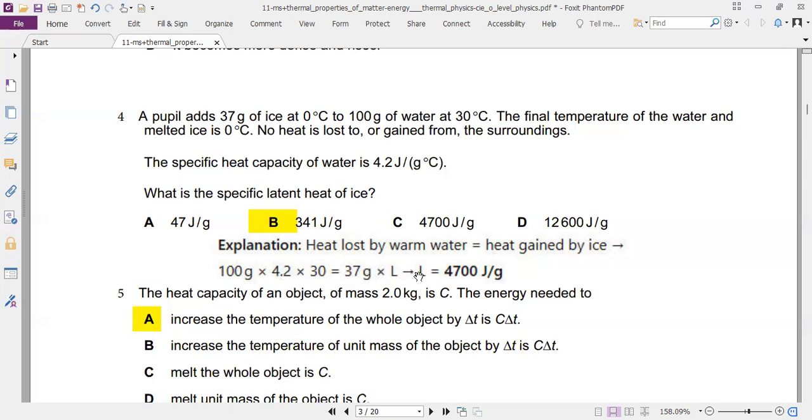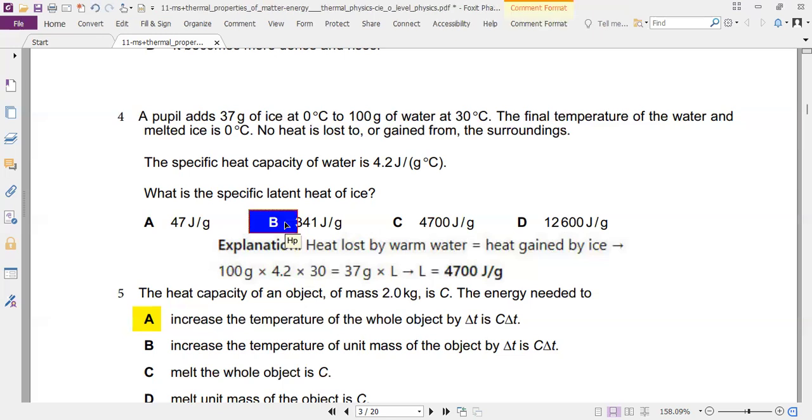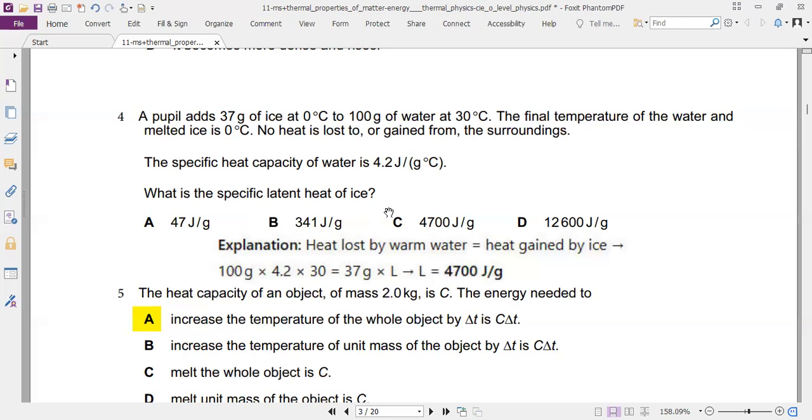So calculating L will give this choice. I think the choice given is wrong. So we will have this choice B.